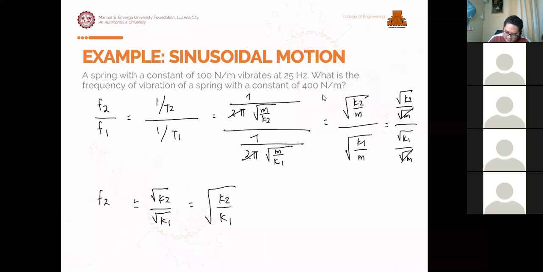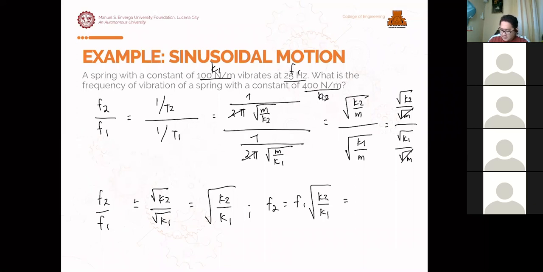Yan yung equivalent ng F2 over F1 natin. So, since meron tayong given ng F1, meron tayong K1, meron tayong K2, kailangan natin is si F2. So, si F2 natin is equal sa cross multiply natin F1 times square root of K2 over K1.